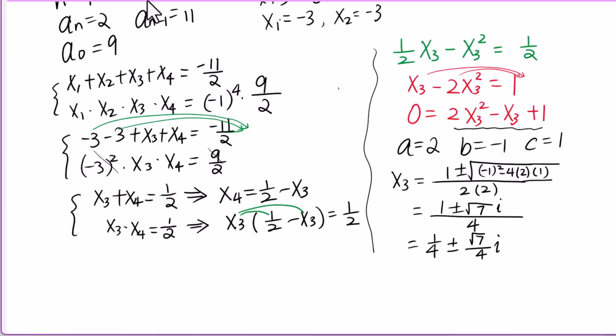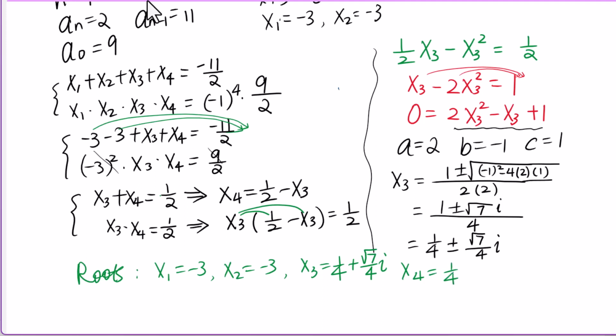Then we can write down all the roots. x1 = -3, x2 = -3, x3 = 1/4 + (square root of 7)/4 i, x4 = 1/4 - (square root of 7)/4 i.